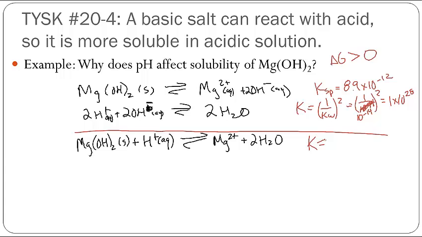Yep. So the correct guess is K1 times K2, which is equal to 8.9 times 10 to the 16th. I still end up with a very large K. So now my overall reaction is very favorable.